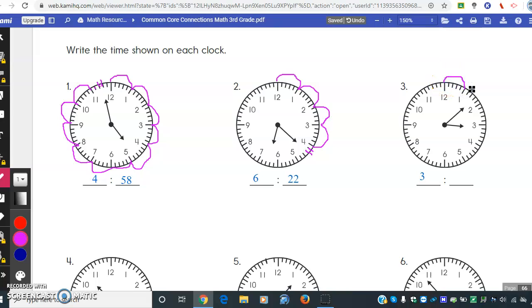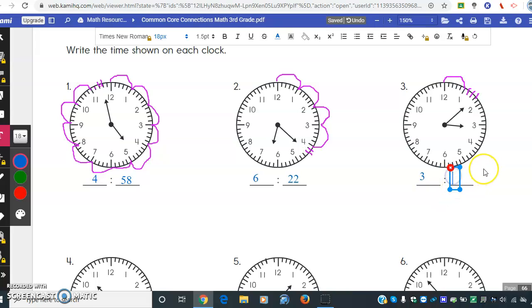5, 6, 7, 8. So it's 3:08. And I need you guys to remember that when it's 3:01, 02, 03, 04, 05, 06, 07, 08, 09, it needs to look like this, 3:08. Not just 3:8.